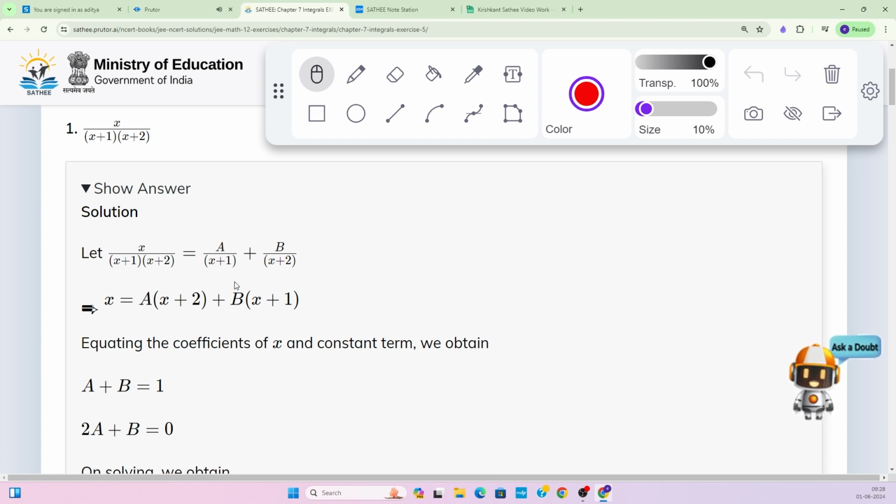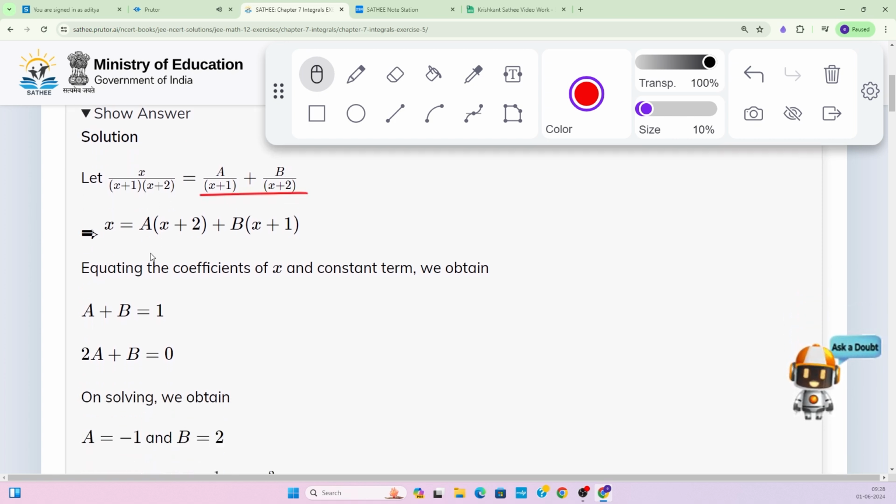After taking the LCM and simplifying, you will get A times (x plus 2) plus B times (x plus 1), which will be equal to just x. Now distribute the terms and compare the x coefficients and the constant terms.